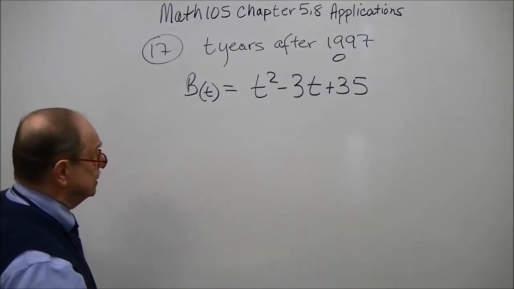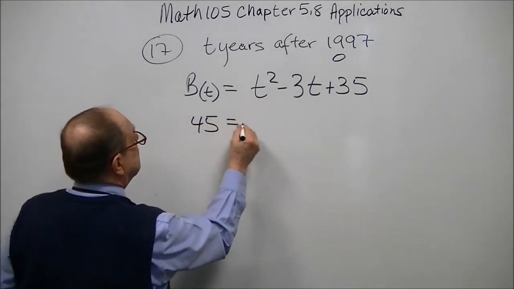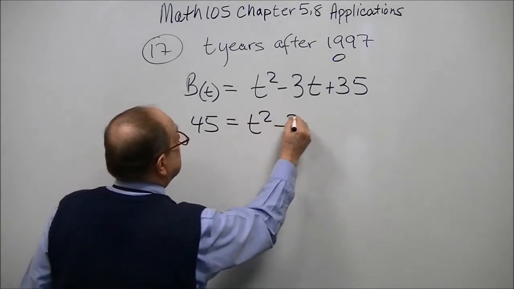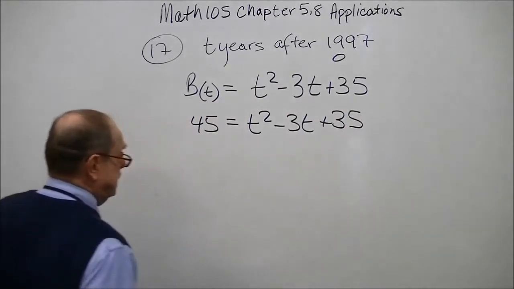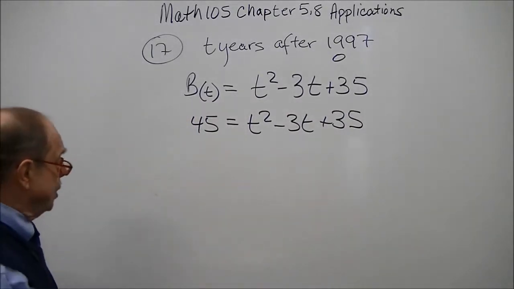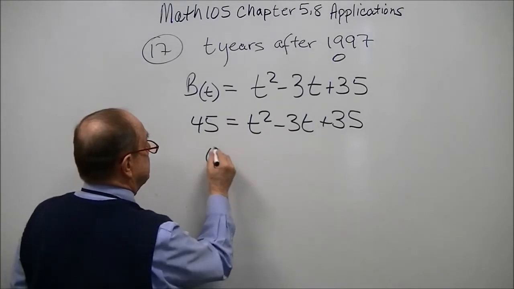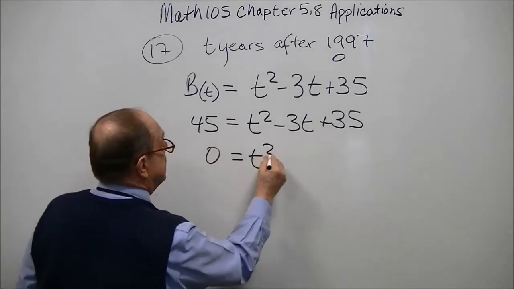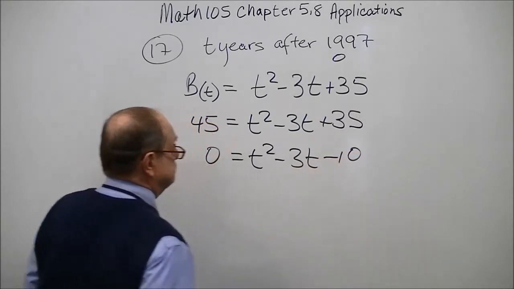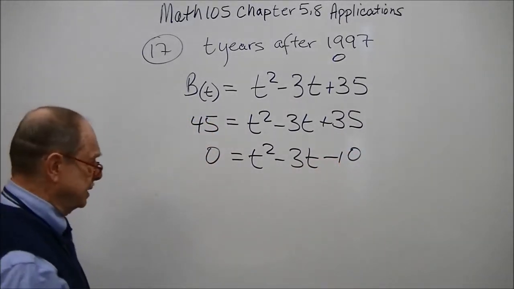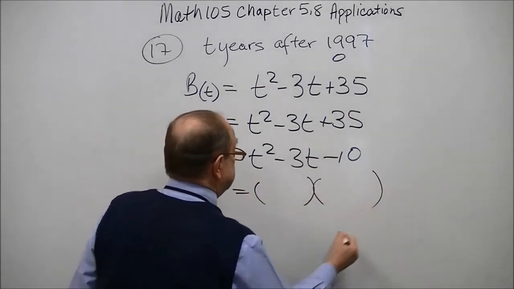And again, you may have to look at your booklet, but it's 45. So what we do is we're going to subtract 45 from both sides to put this in standard form. And you might say, oh, that looks very familiar. It should. That was the previous one we did.